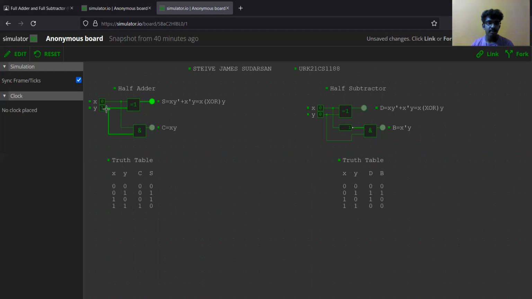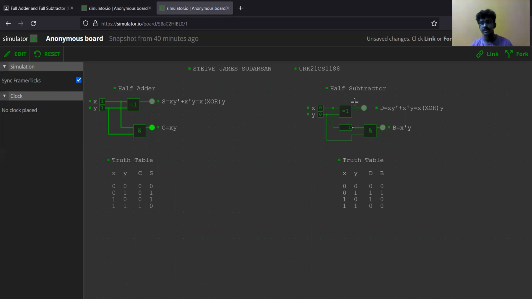In the same way, when we take y as 0 and x as 1, the S bulb glows again. When we take both variables on, the sum is 0, so the S bulb doesn't glow, but the C bulb glows, representing 1. Hence the truth table for the half adder is verified.